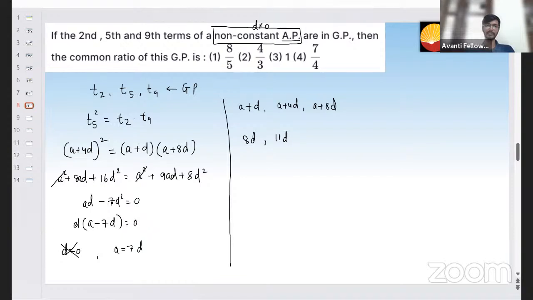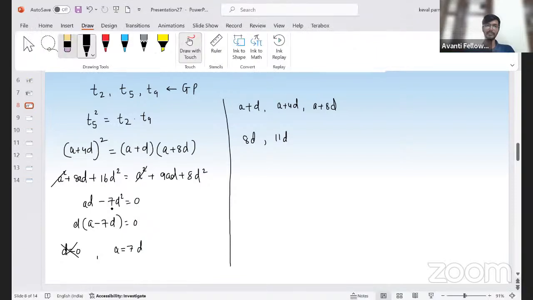It will be AD minus 8D square... correct, guys? So A is 7D, so the terms are 8D, 11D, 16D... no, A plus D is 8D, A plus 4D is 11D, A plus 8D is 15D. This is a GP. So what is the common ratio? Common ratio is 12d upon 9d.